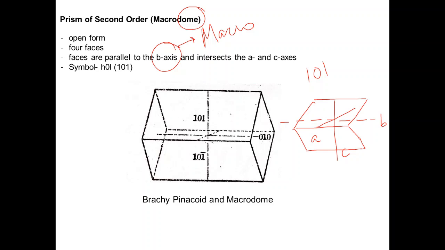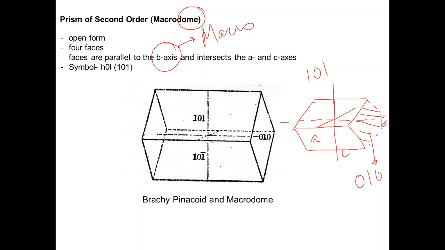We can see that this face is intersected by the c axis and the a axis. If we draw it like this, we have to close this form now. How will it be closed? It will be closed by this pinacoid, which is the b pinacoid. So it will be 0, 1, 0.